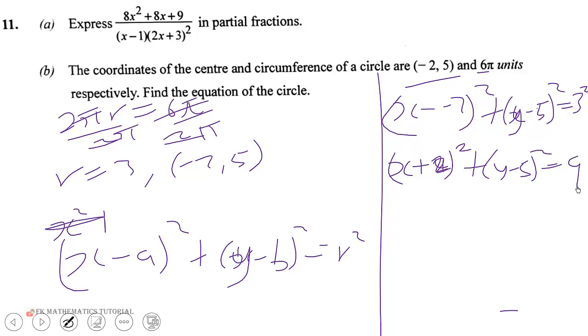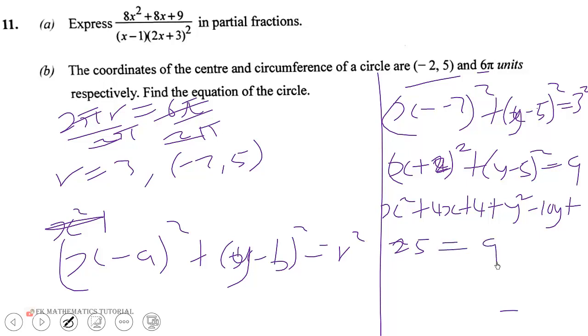So when we expand this, we get x squared plus 4x plus 4. Then this one gives us plus y squared minus 10y plus 25 is equal to 9.